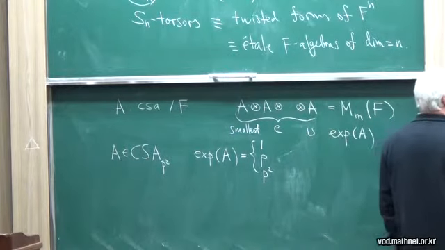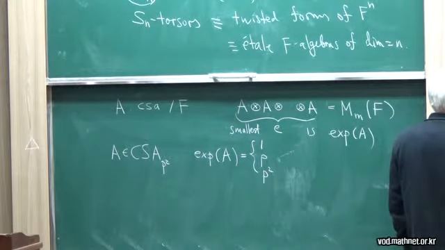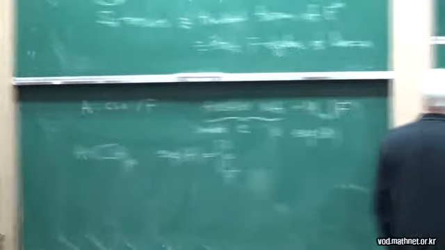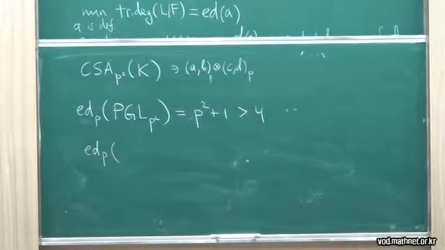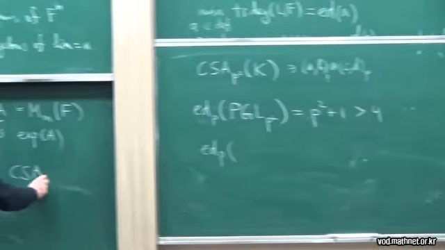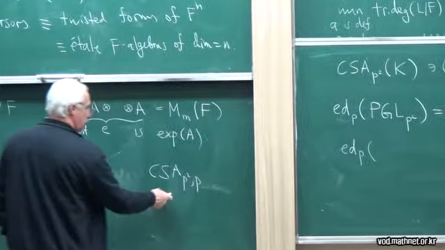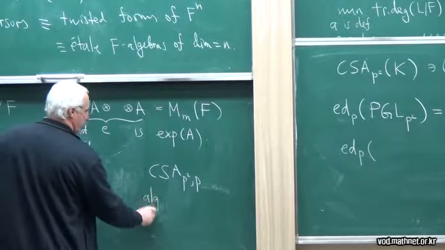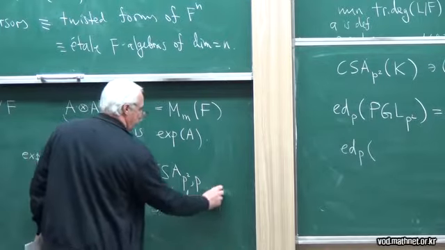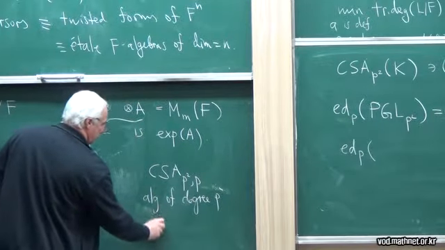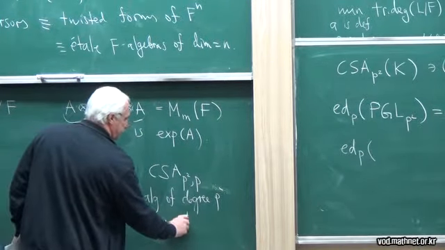We can look at the essential dimension of the class of central simple algebras of exponent p. Let me write CSA(p squared, p) for the algebras of degree p squared and exponent p.